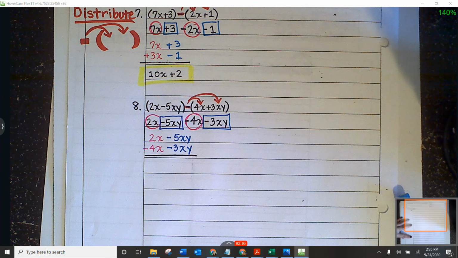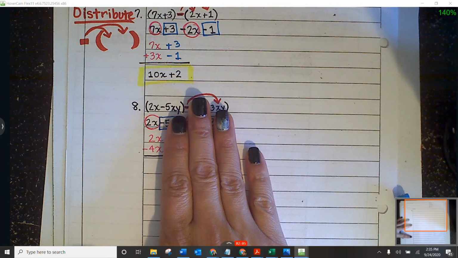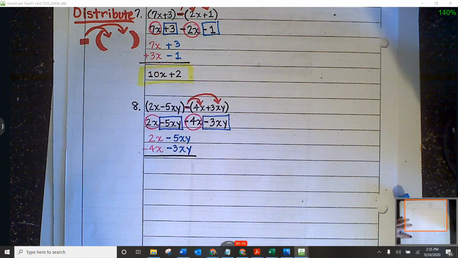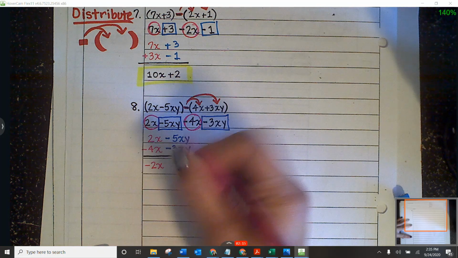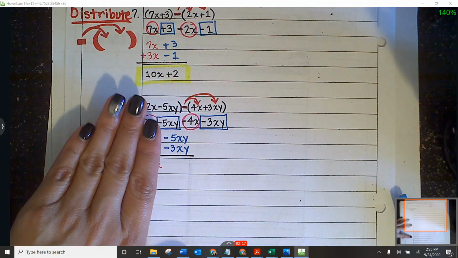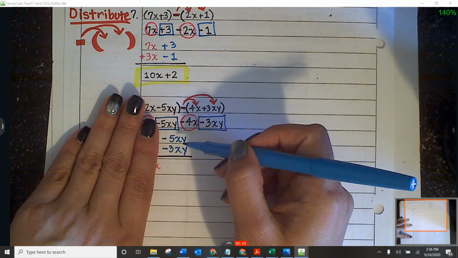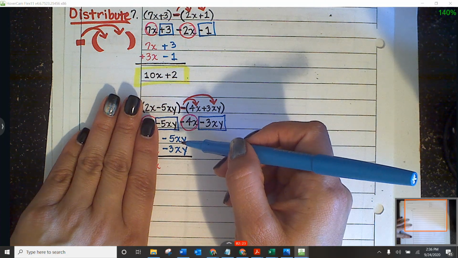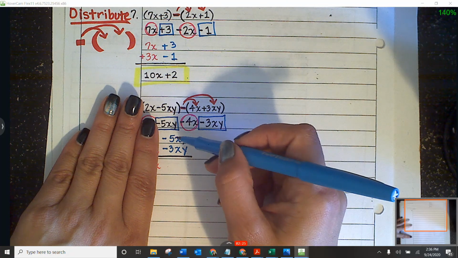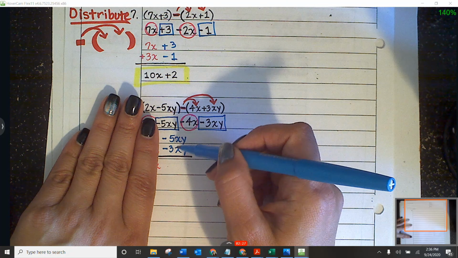So let's focus on just the pink. 2x minus 4x gives me negative 2x. Okay. Now, I know that you guys have a little difficulty with integers here. So in this case, I have negative 5 minus 3.